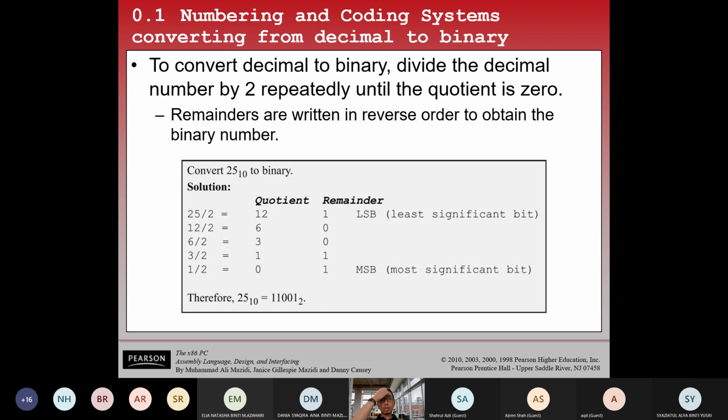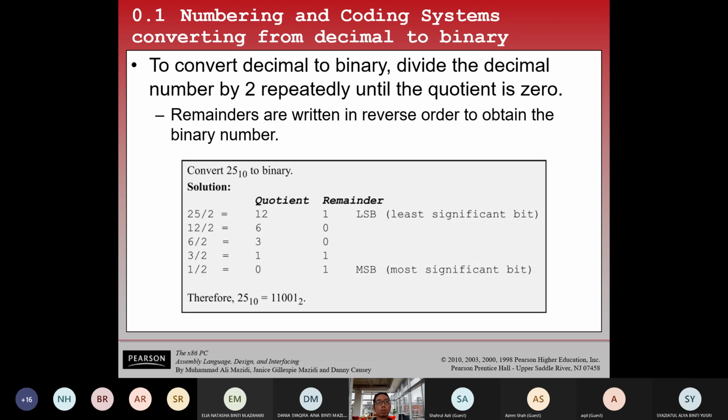Because you have 24, right? So you will have remainder of 1, and then you divide again, so you obtain 12, right? So 12 divided by 2, 6. There's no remainder, you put as 0. 6 divided by 2, 3, remainder 0. 3 divided by 2, you have a remainder of 1. 1 divided by 2, of course, it will be 0, but you have a remainder of 1.